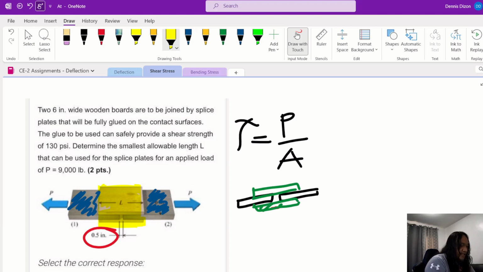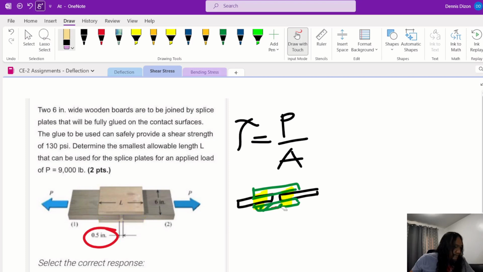Now your sheared area is this one here, at the interface between the side plate or the splice plate and the main member. So from your equation, shear stress is equal to P over A.